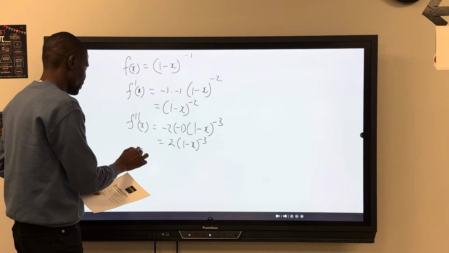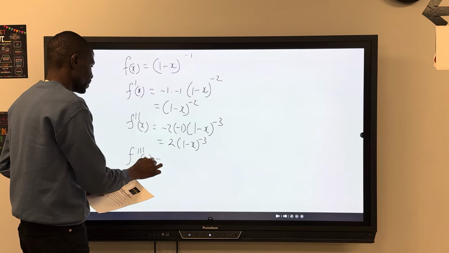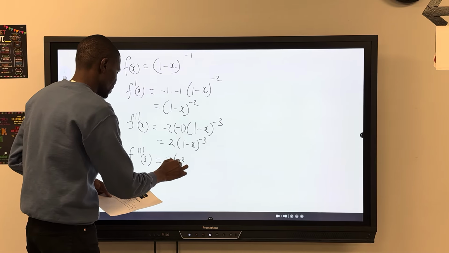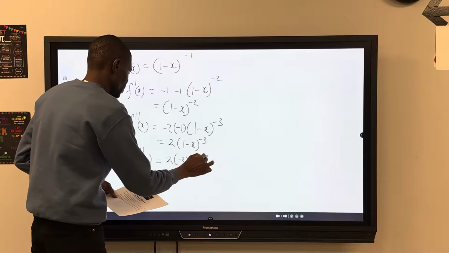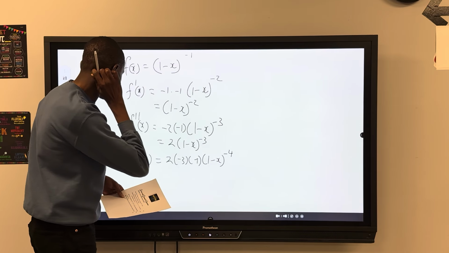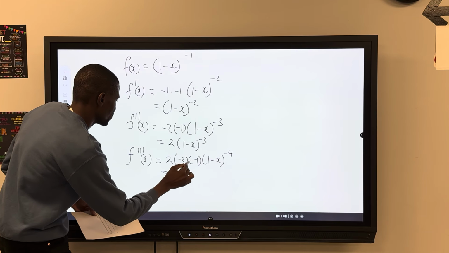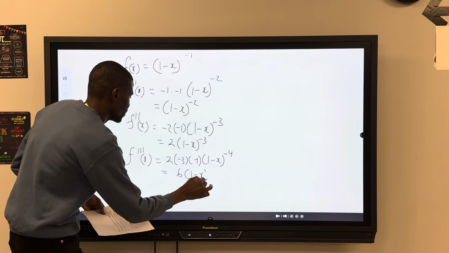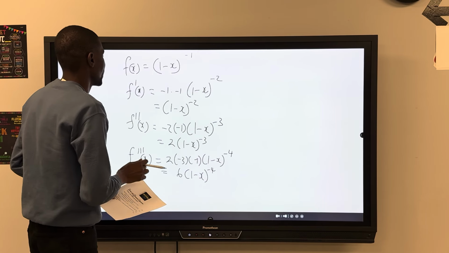Then our third derivative, we are going to bring down, then it's (1 minus x) to the negative 4, right? Which is equal to 6 of (1 minus x) to the negative 4, right?